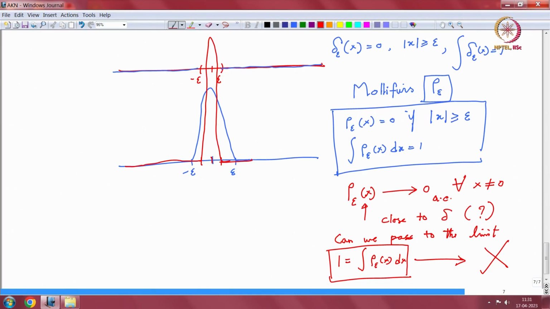We will see more about these rho epsilons later, and in what way, under what convergence, rho epsilon may approximate delta, because delta is sitting probably somewhere else. We have to understand this delta.